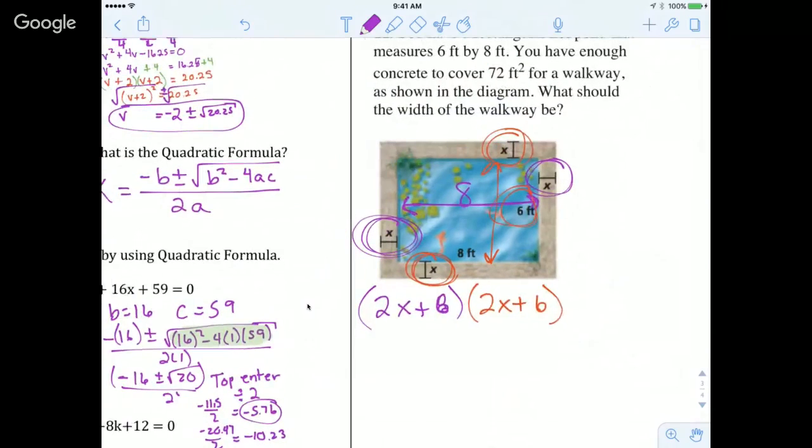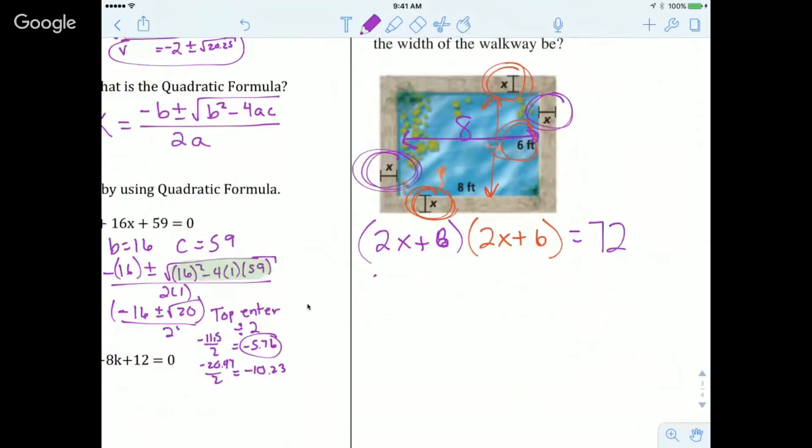So we FOIL and then move everything to the left. 2x plus 8 and 2x plus 6. 2x times 2x is 4x squared plus 12x plus 16x plus 48 equals 72.